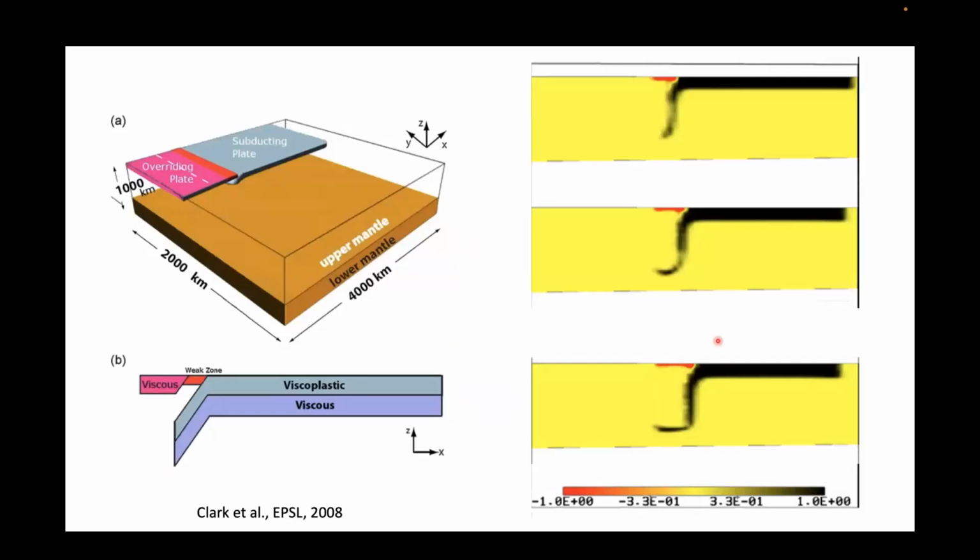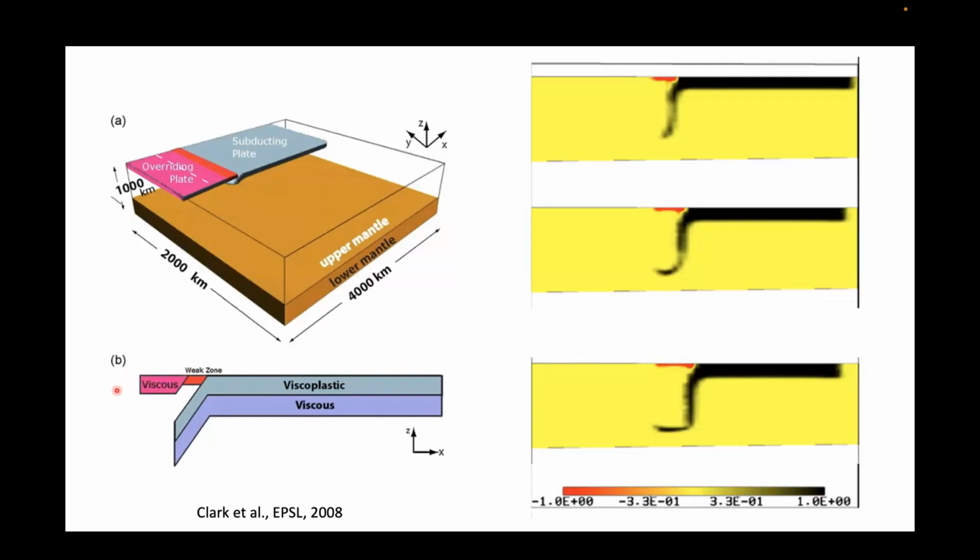But in the numerical model, to generate a very fast slab rollback usually requires that the upper plate is very weak. So in this example, the lower plate, the subducting plate, can be viscoplastic, which means it has a finite yield stress.